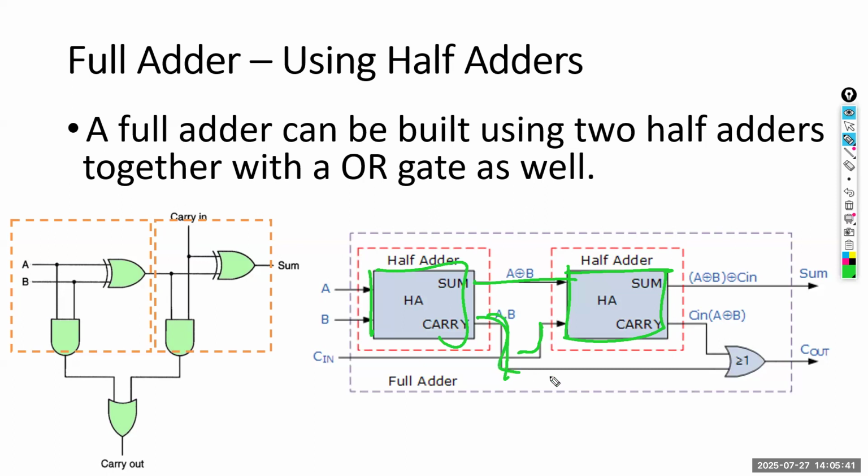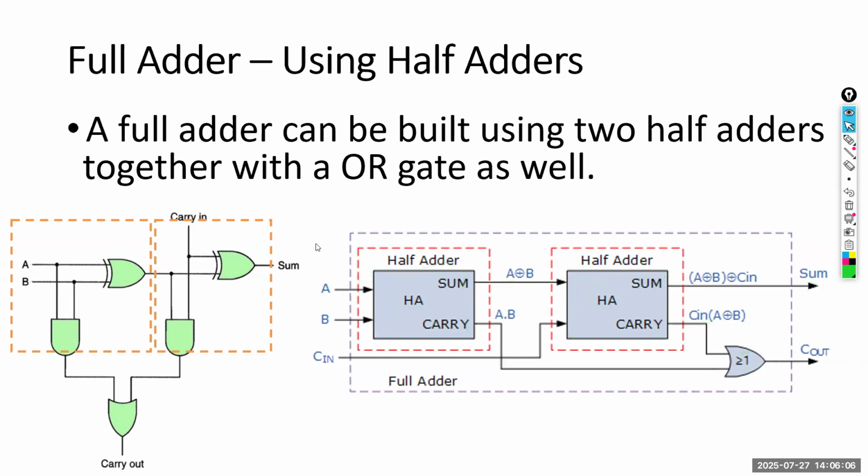If you have a carry in the first half adder or second half adder, then there's a carry. Otherwise, there's no carry. And of course, this is your final sum. So when you get a deep understanding, you should be able to draw it by yourself without any issue. How the full adder is created using two half adders.